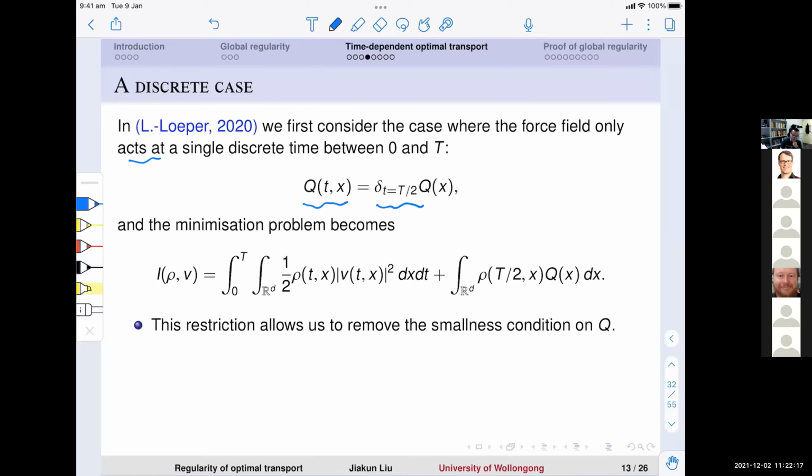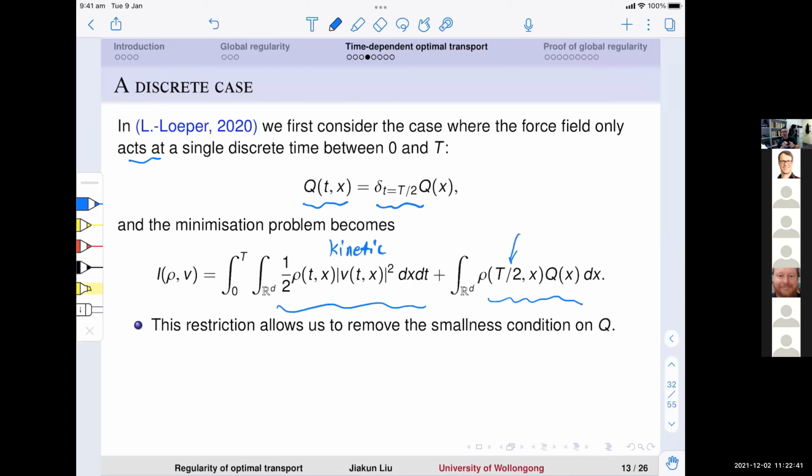In that situation, the function we minimize also changes a little bit. The kinetic energy doesn't change, but the second, potential term changes to the following form, which means it only happens when the time equals half of T.